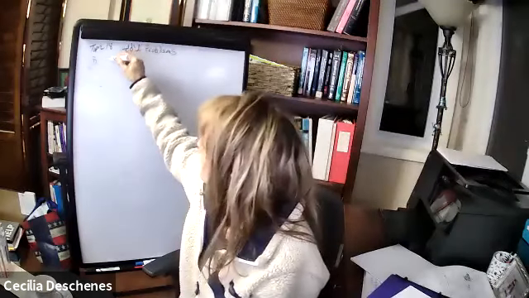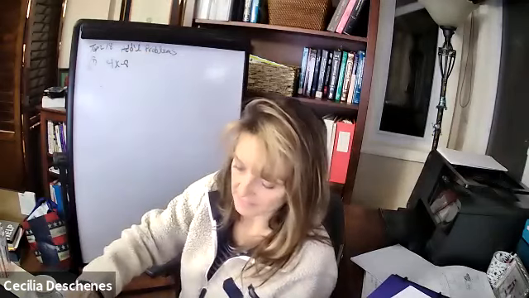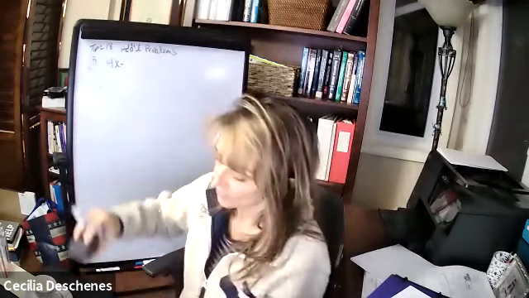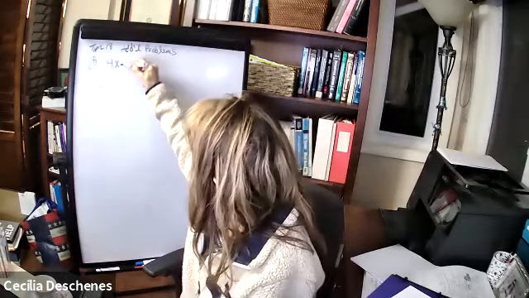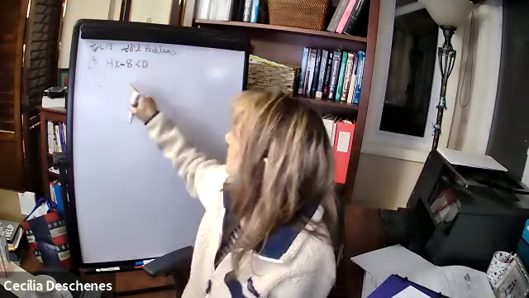We're going to go ahead and get started with the first one, which is 4x minus 8 is less than 0.